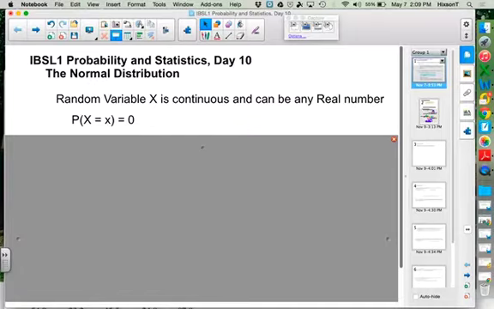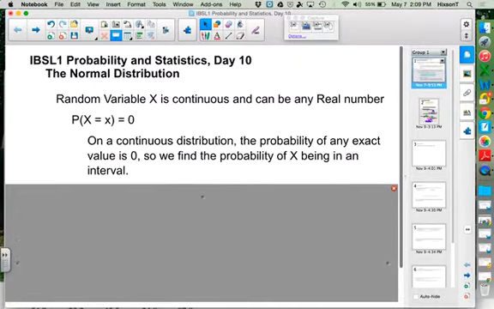As a result, we're going to be talking about probabilities within an interval. So on a continuous distribution, the probability of any exact value is 0. So we find the probability of x being in an interval. If I'm weighing things and the scale says 10 pounds, how do I know it's exactly 10?